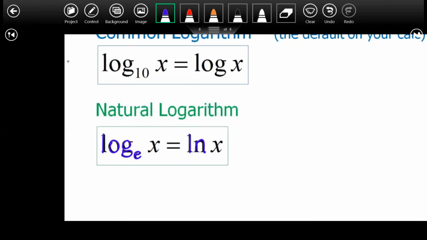Just being able to go back and forth with this is also going to be the same thing.